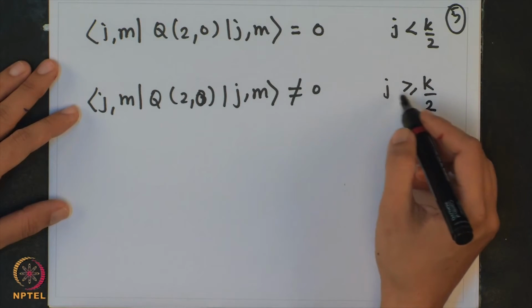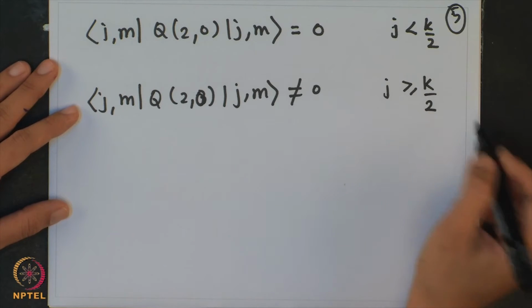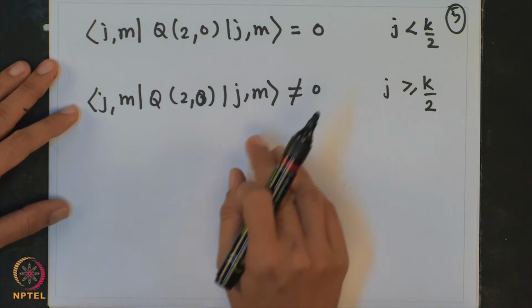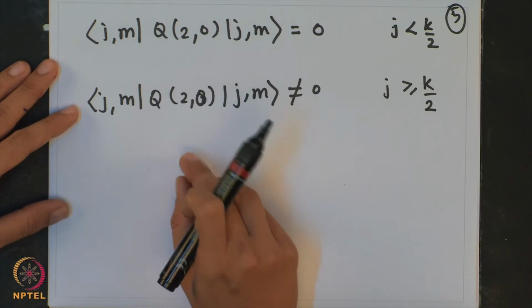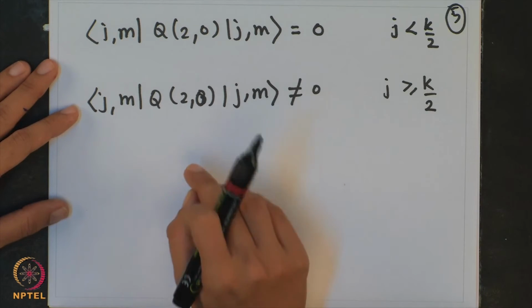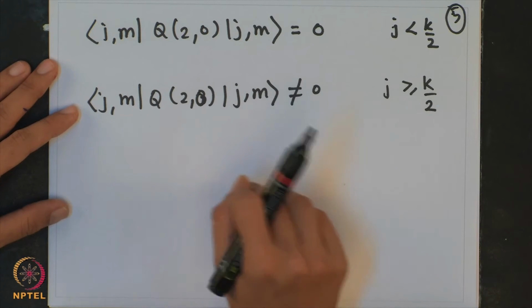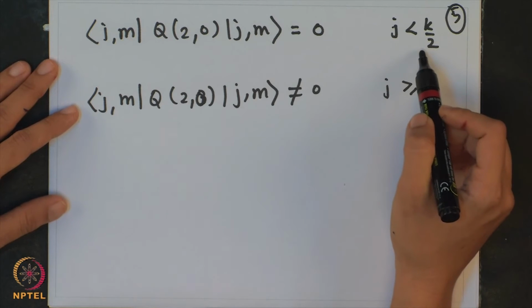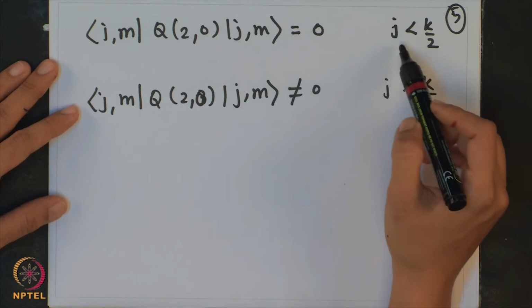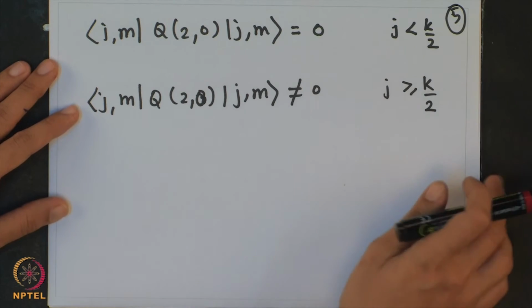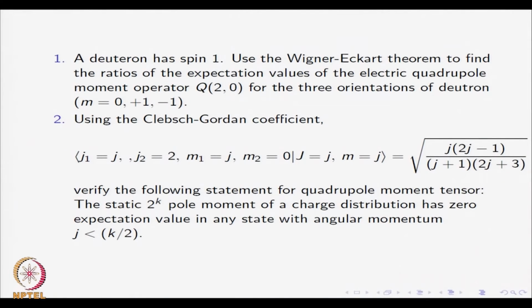So, if j is equal to 1, 3 by 2, 2 etc., then this quantity is non-zero. So, we have shown here that the 2 raised to k pole moment of the charge distribution has 0 expectation value in any state where the angular momentum j is less than k by 2. So, it is just by inspection you can understand and solve this problem.